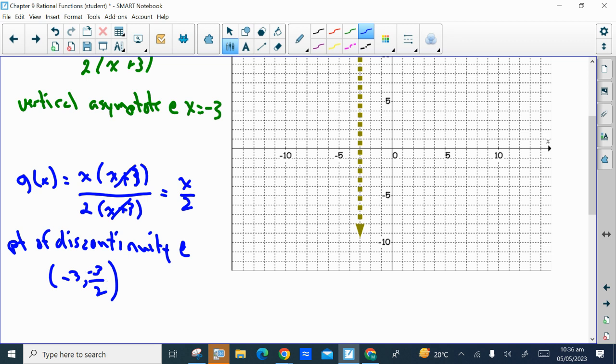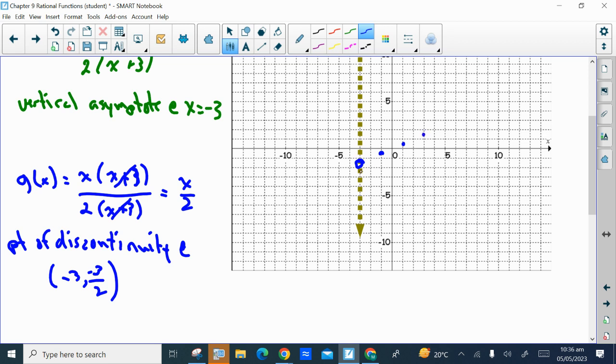-3 over 2. So, point of discontinuity at -3, -1.5. Once again, the rest of the graph will be defined by the line x over 2 or 1/2 x. So we'll rise 1 and run 2. Rise 1 and run 2.